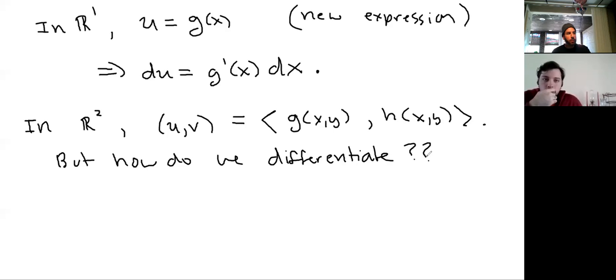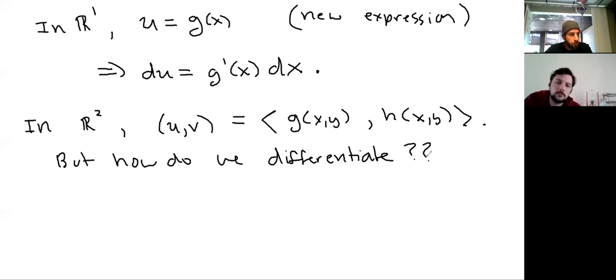If we want to go with the generalization of what I have at the top of the screen, I want to write du dv as something. What would it be? I'm trying to brainstorm and get you to think about this. I'm not saying this is easy, because it's really not an easy idea. But we can get some intuition if we think about this. We know that the partials have to be involved.